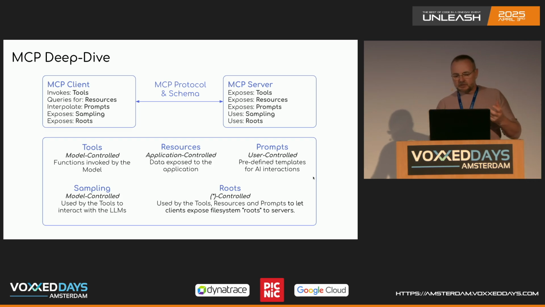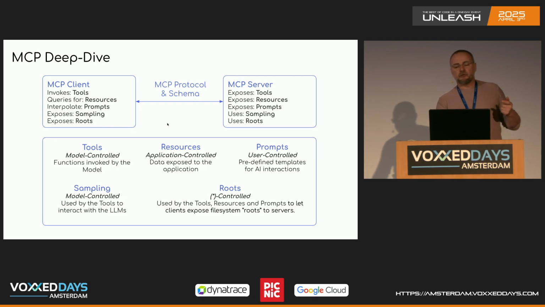The source that I took this from, an Anthropic presentation, classified this as a user-controlled type of resource. I'm not sure; for me it sits somewhere between application control and user control, but anyway, it is not model-controlled. And this is the part that a lot of presentations miss.